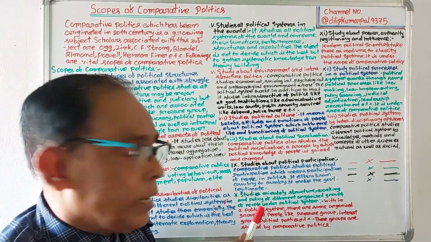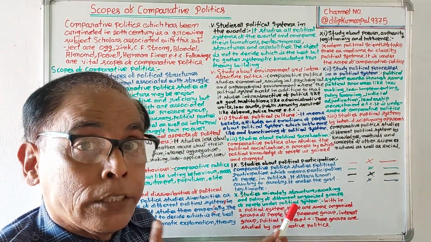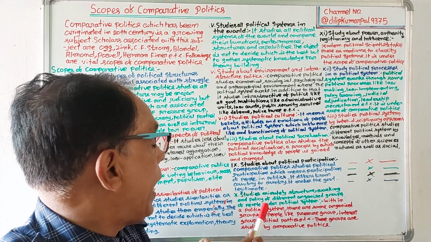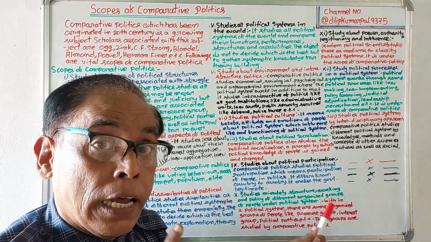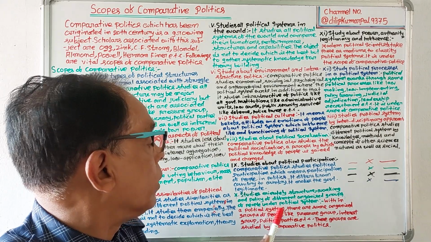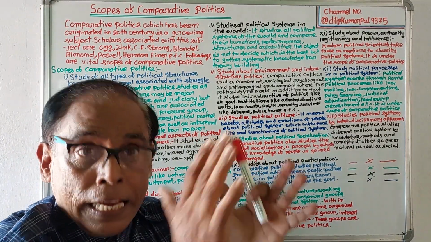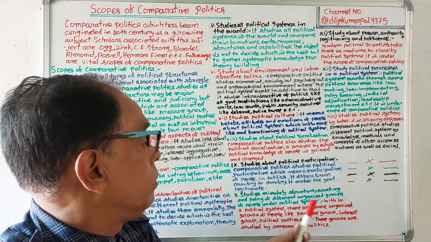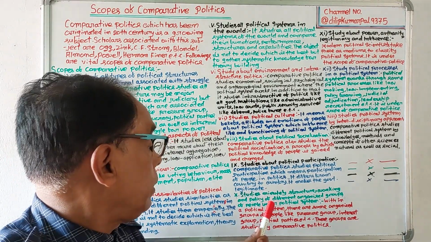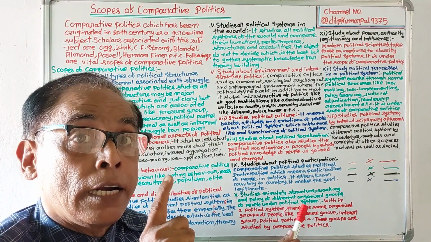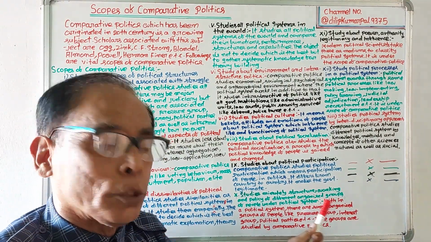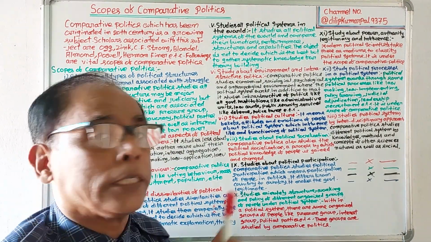Then ten, studies minutely structure, working and policy of different organized groups of people under political system. It studies minutely, in detail, about structure, working, policy of different organized groups of people under political system.